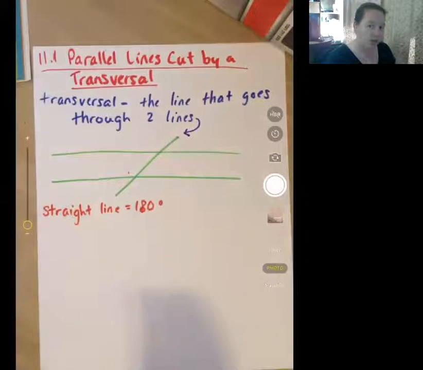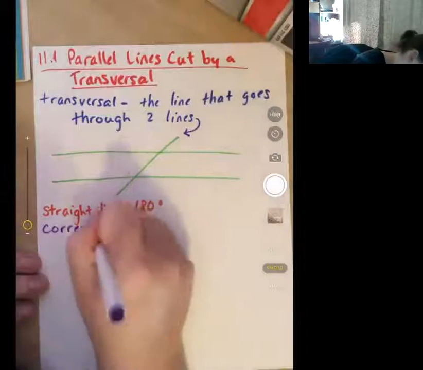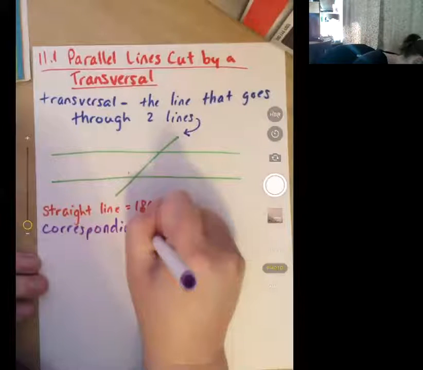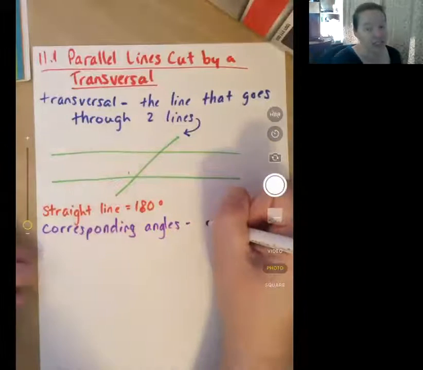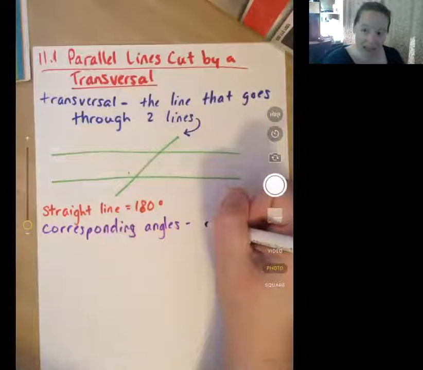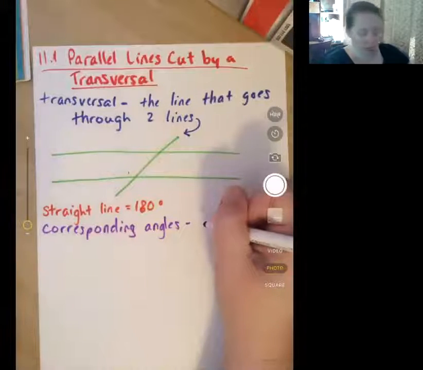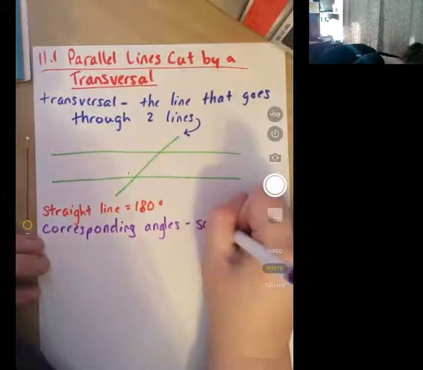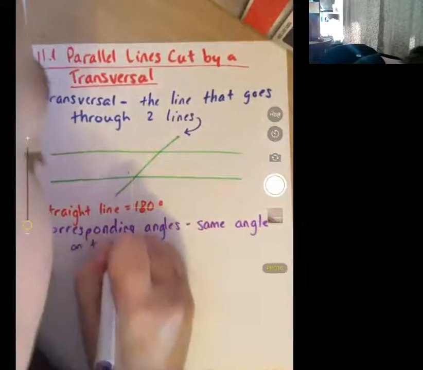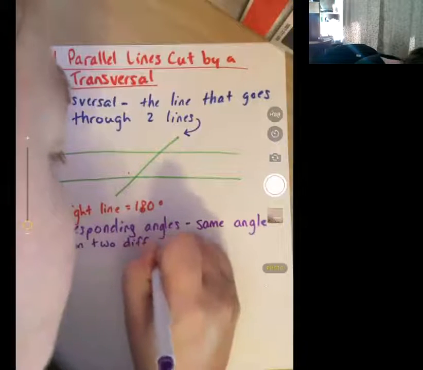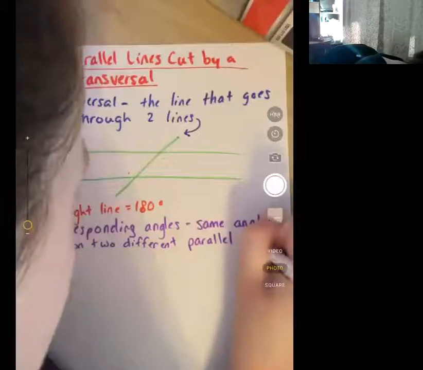One of the things that we can do with them is corresponding angles. So if I have corresponding angles, that means it is the same angle on two different parallel lines.